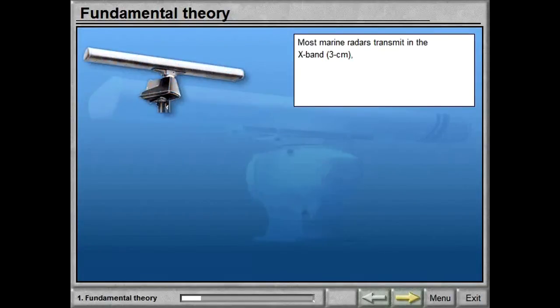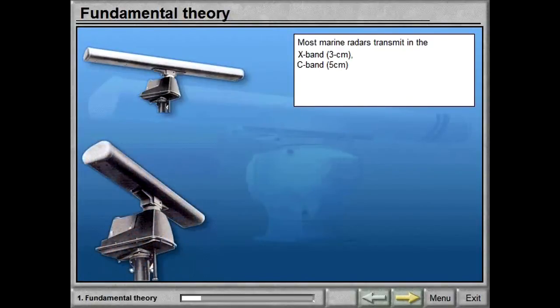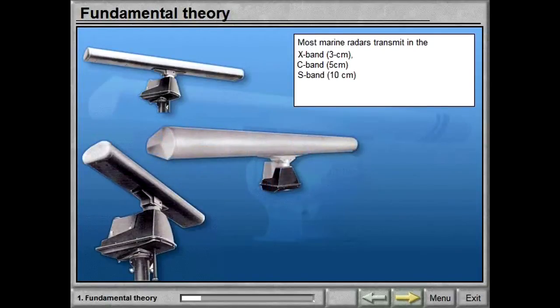Most marine radars transmit in the X-band, 3 centimeters, C-band, 5 centimeters, S-band, 10 centimeters, corresponding to approximately 9,000, 5,000 and 3,000 megahertz frequency.